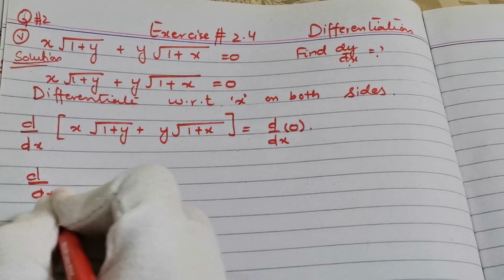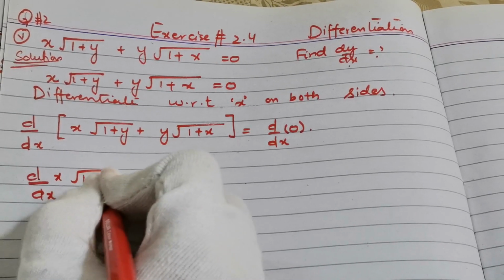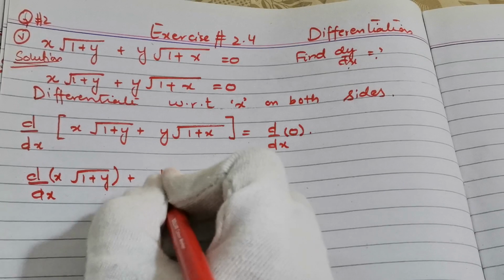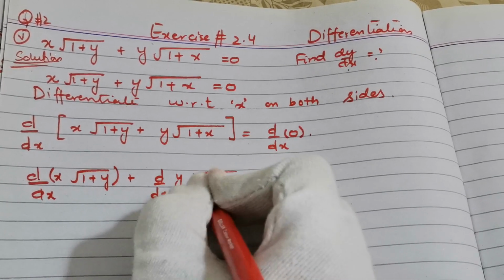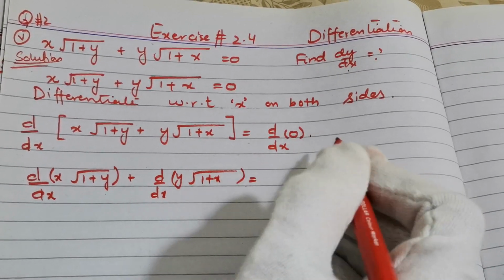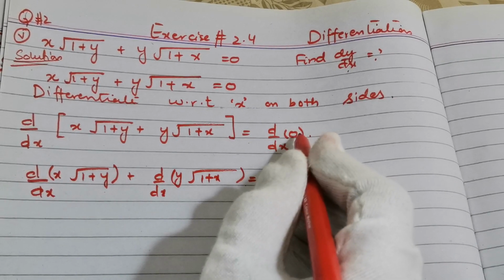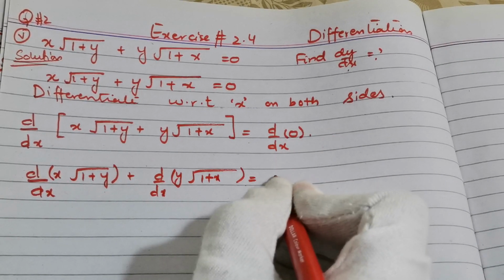Here we apply the derivative of x into under root 1 plus y, plus d by dx of y into under root 1 plus x, and the derivative of any constant is 0.